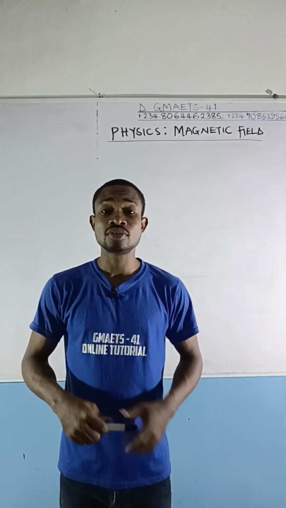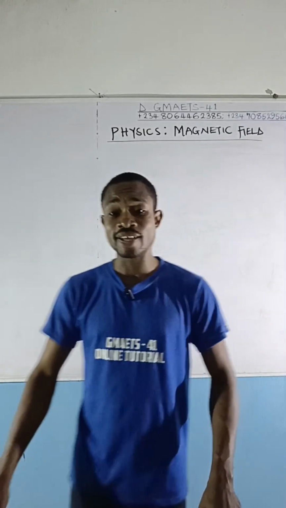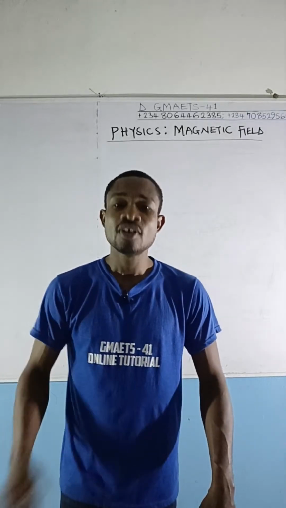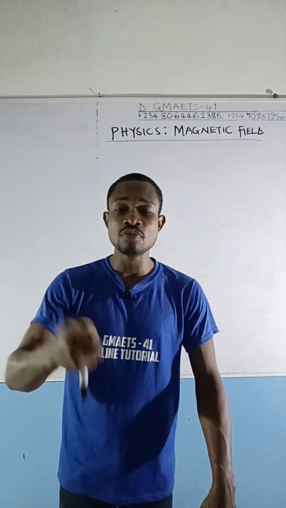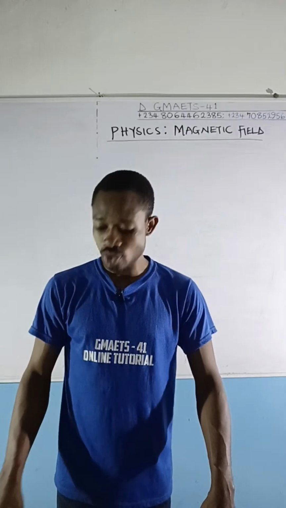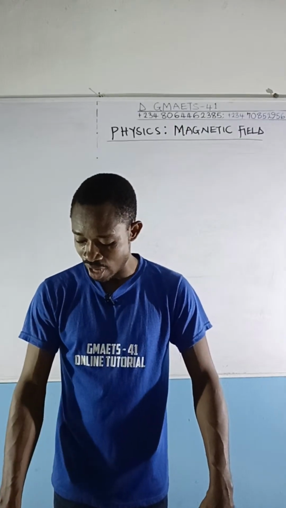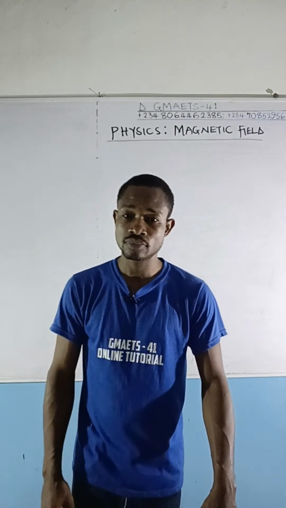The direction where a bar magnet will take if allowed, if free to move in the field. That is what we call magnetic line of force.